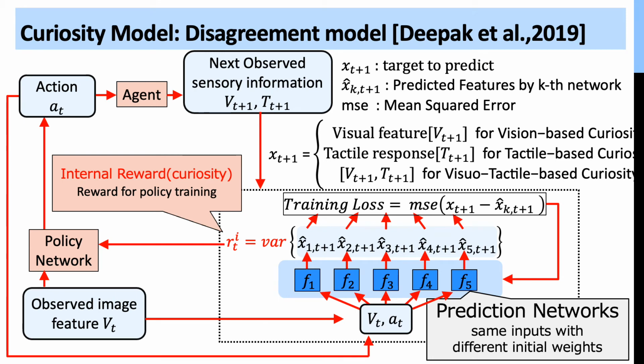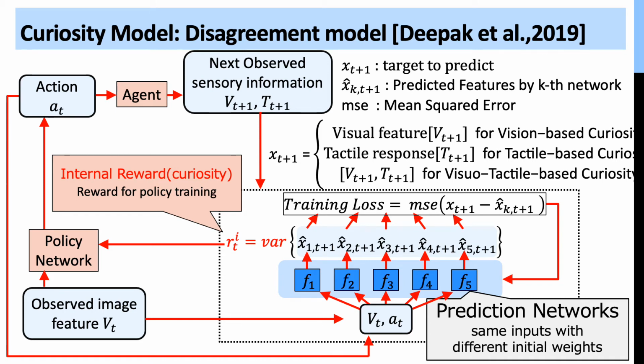This is the schematic of the disagreement model for curiosity. The point of the model is the reward. The reward is defined by the variance of the predictions of multiple prediction networks. The prediction networks receive the same input. The training of the prediction networks starts with different initial weights, so the predictions by the networks gradually become the same for frequently experienced input.